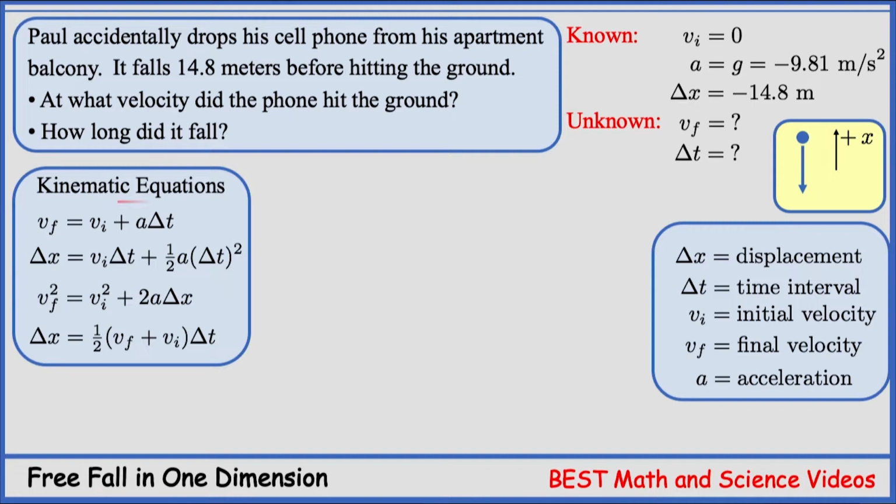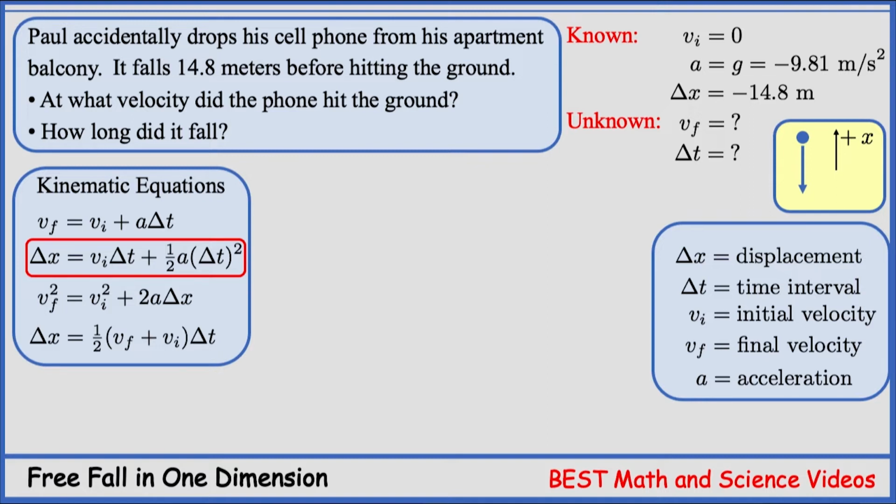Notice that both the first equation and the fourth equation have 2 unknowns, final velocity and the time. You can't solve an equation with 2 unknowns, so these equations won't help us. The second equation has only one unknown, time. But notice that it has delta t in the middle term and delta t squared in the last term.